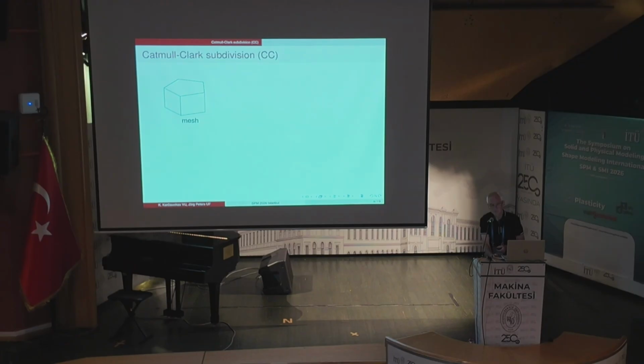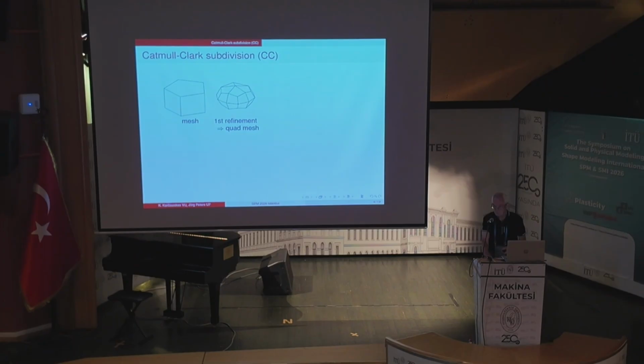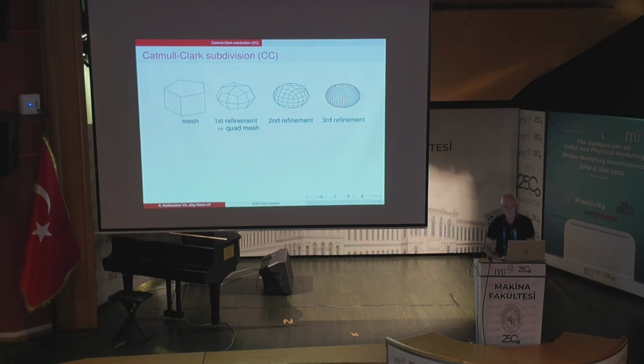The faces can be multi-sided, with no restrictions for the position of irregular nodes. After the first step, which is important for us, we already get a quad mesh. A couple more refinements, and visually we get a smooth surface.